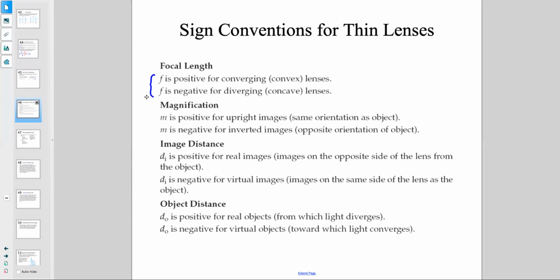Okay, m is positive for the upright, m is negative for the inverted. Di is positive for real images, and di is negative for the virtual images. Do is positive for real objects, and do is negative for the virtual objects. So these are literally the same things that we have seen before for the mirrors.